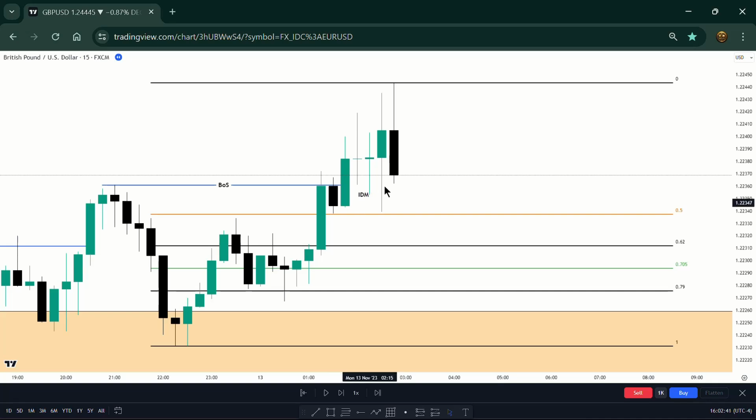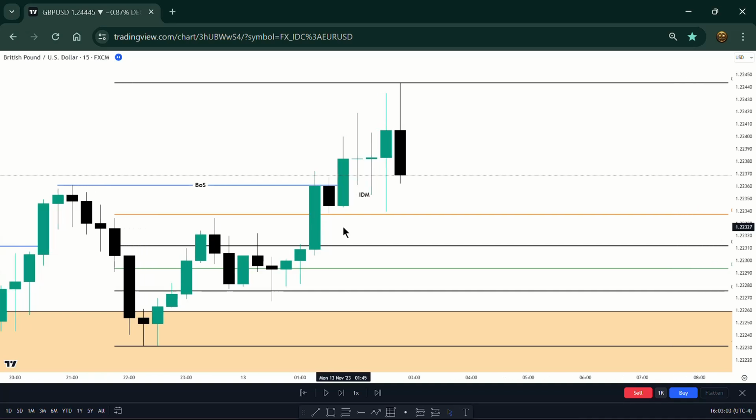Now, this has already been taken out. Here you can see there's what? There's a fair value gap. Okay. I know most of you don't enter your trades in a fair value gap. Okay. Meaning you only want to enter on an order block.